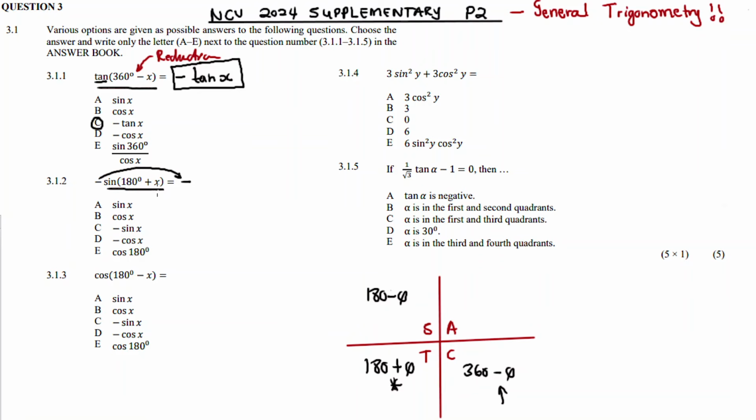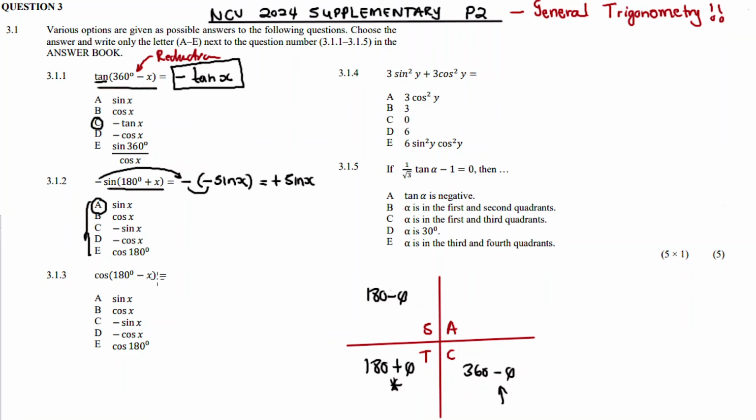It's a reduction formula in the third quadrant, where only tan is positive. So solving this produces a minus sine x. This negative multiplied by that one gives us a positive sine x. So given these options, we can see that our answer should be A.